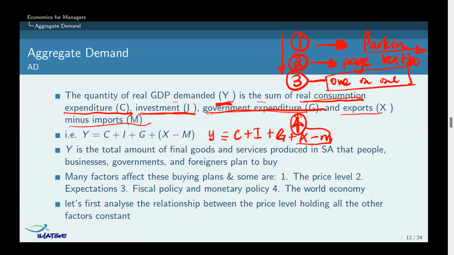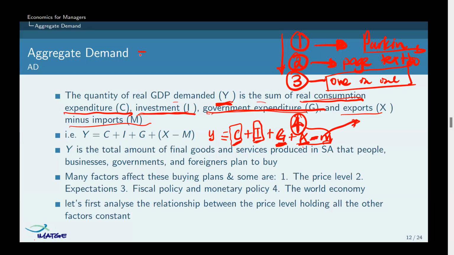And I said in our previous class that for us to get the total value of goods in the economy, we need to find how much consumers spent on goods, how much firms invested in their production or in buying assets, how much the government consumed, how much we earned in terms of our exports, and how much we spent through imports. Because when you are importing, you are spending, right? So it's income flowing out of South Africa. That's why it is subtracted from this.